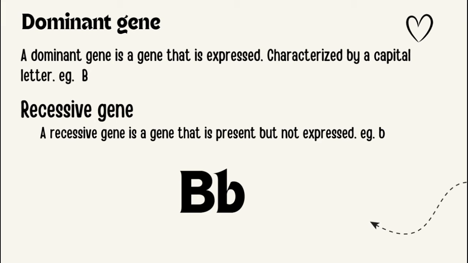So that is why in some situations certain things can skip generations and generations, and then 10 generations later, something that you think died out a long time ago shows up back in your great grandkids or something like that, right? So that's basically how the dominant and the recessive gene works.